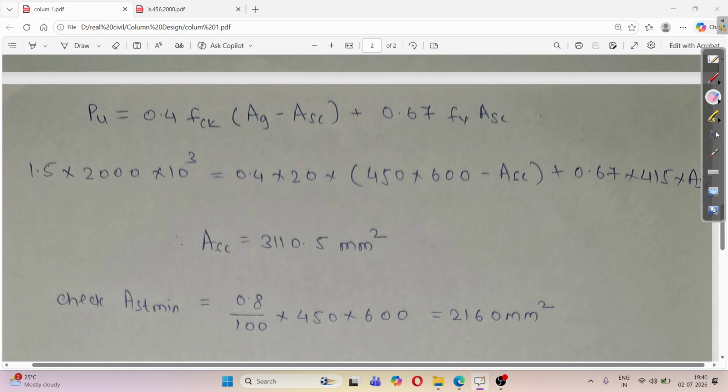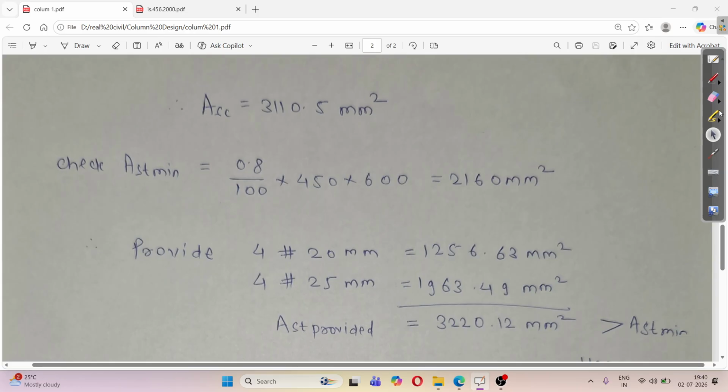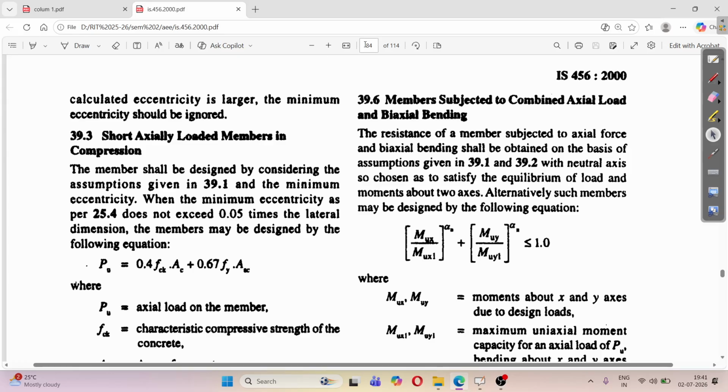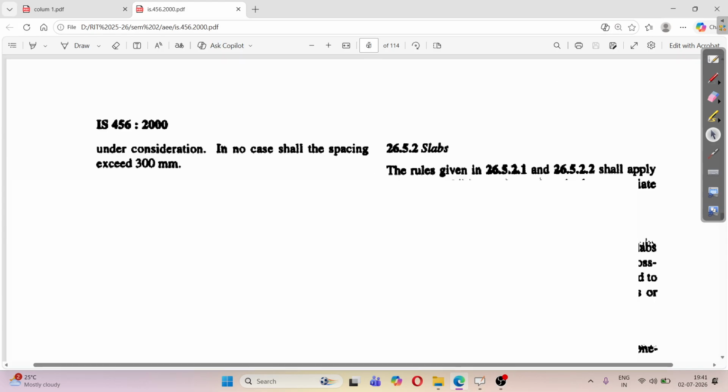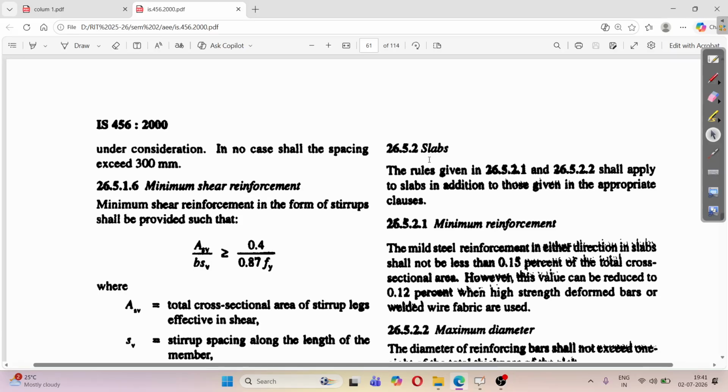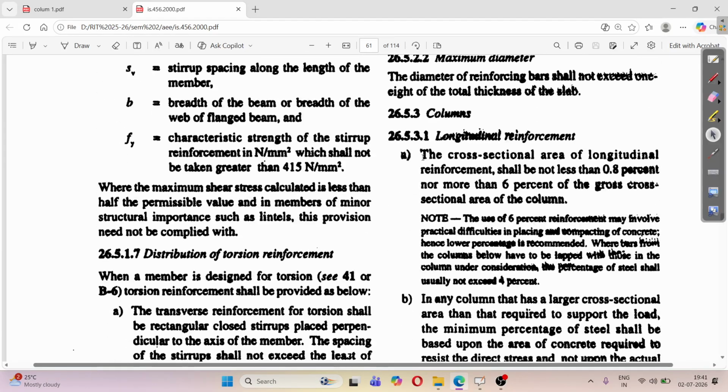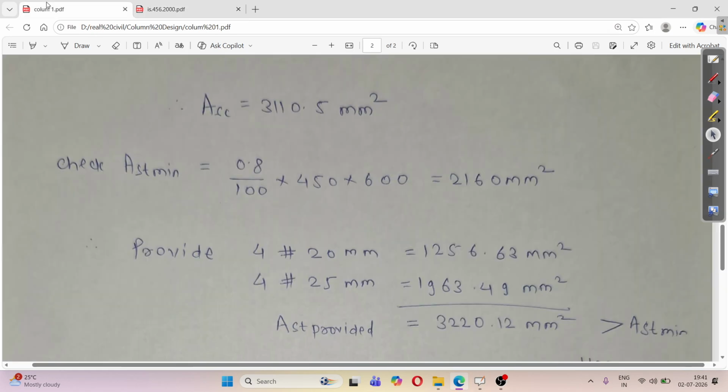So here we have to check that whatever steel we got here is greater than the minimum. If you come to page number 61, or it is 48, the cross-sectional area of longitudinal reinforcement shall not be less than 0.8% nor more than 6% of the gross cross-sectional area of the column.